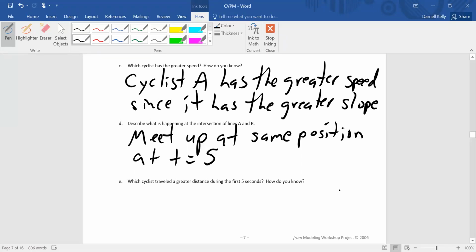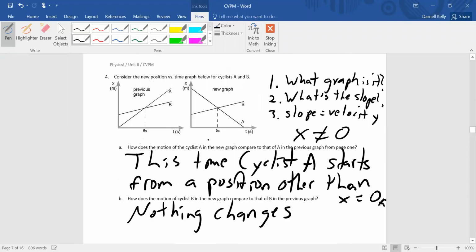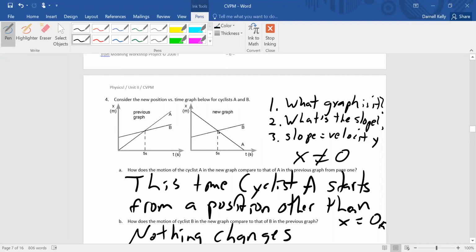It looks like cyclist A travels the greater distance. Relative to the meeting point, we can see that B's slope is not as steep as A's. So even though they meet at the 5-second point, A is traveling a greater distance before they meet up.